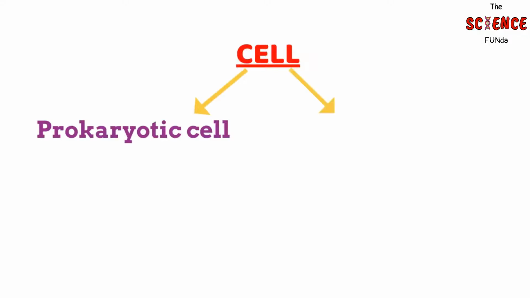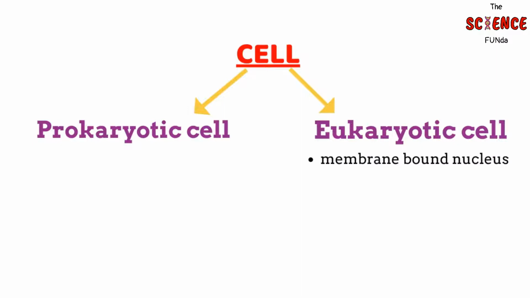On the basis of the internal architecture, all cells can be subdivided into two major classes, prokaryotic cells and eukaryotic cells. Cells that have unit membrane-bound nuclei are called eukaryotic, whereas cells that lack a membrane-bound nucleus are prokaryotic.